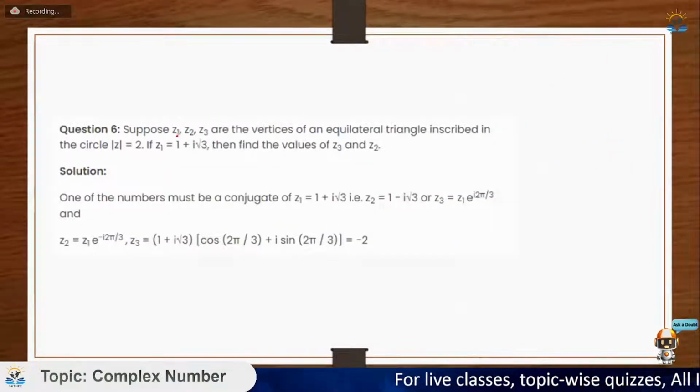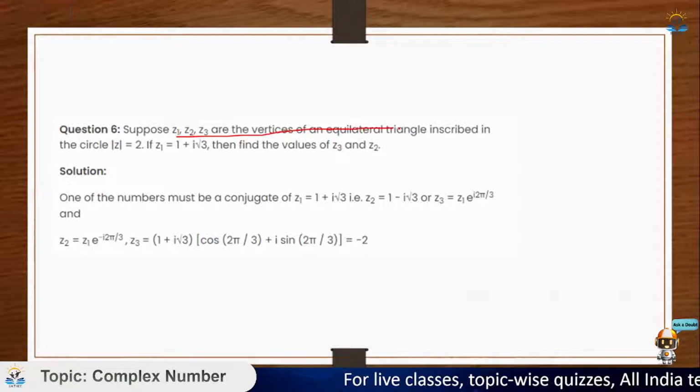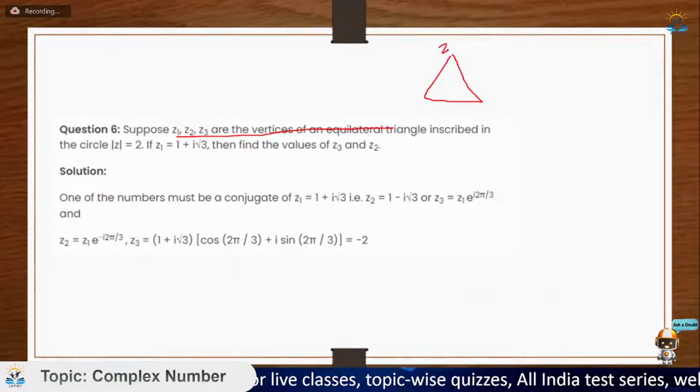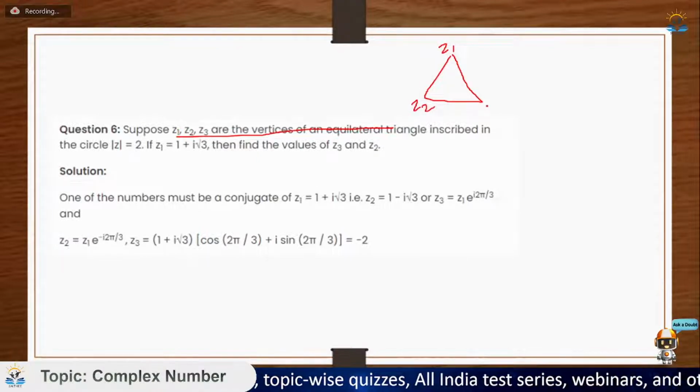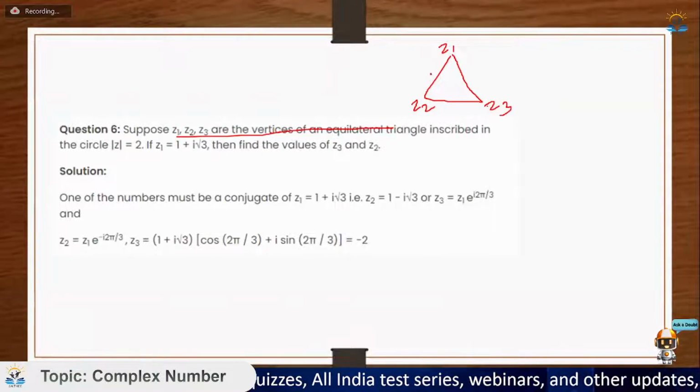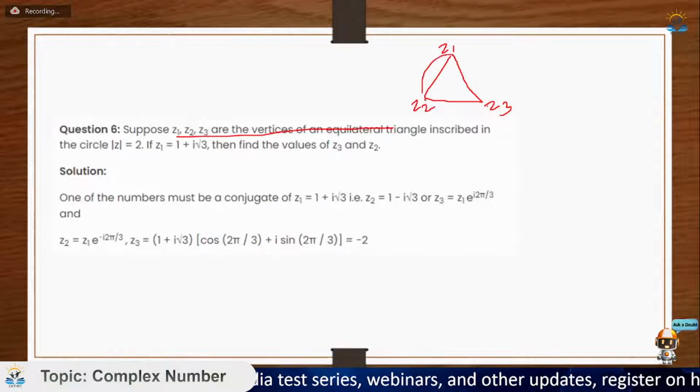Suppose Z1, Z2, Z3 are the vertices of an equilateral triangle. So a triangle is given to you, and they are saying that these three vertices are Z1, Z2, and Z3. And this is inscribed in a circle of radius 2, mod z equal to 2.